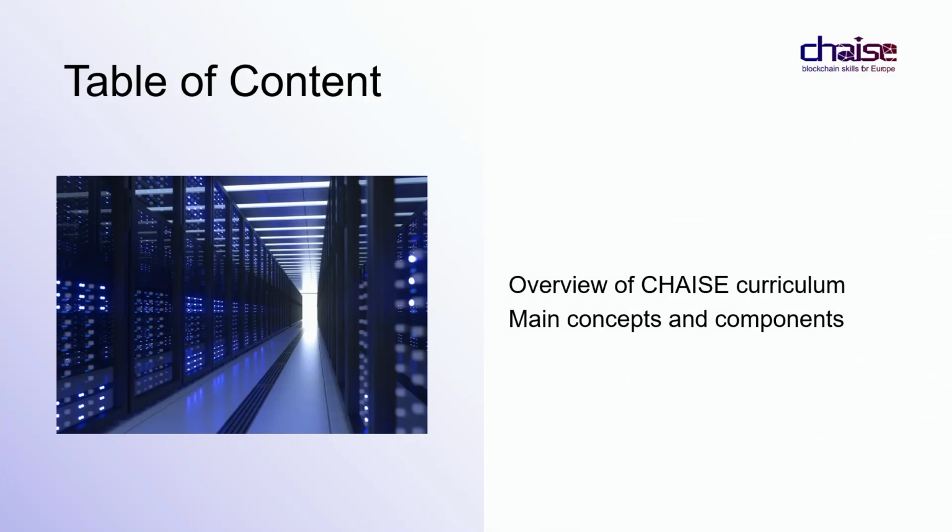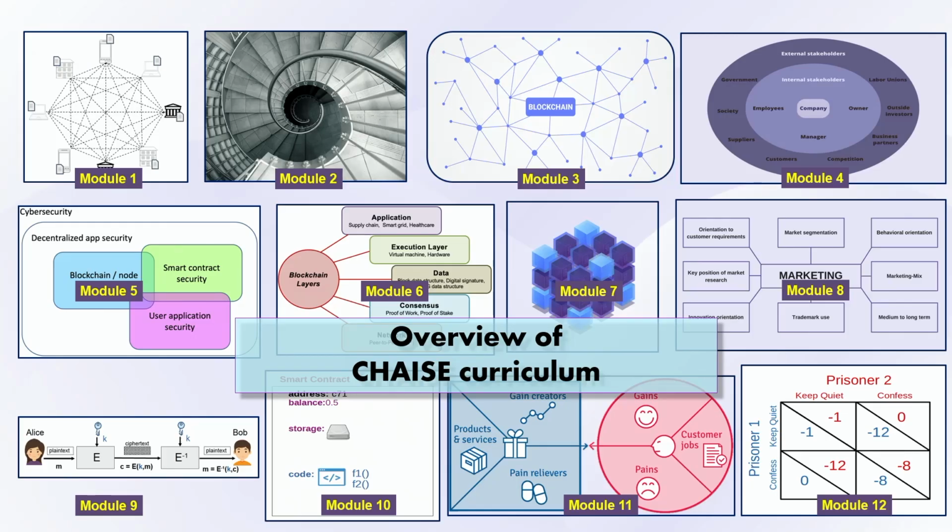But first, let's do the overview of the CHAISE curriculum, and then we will speak about the main concepts and components. The CHAISE curriculum consists of 12 different modules. The majority of the modules include 4 topics.